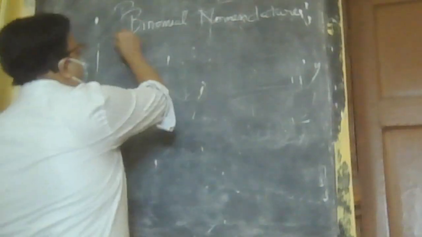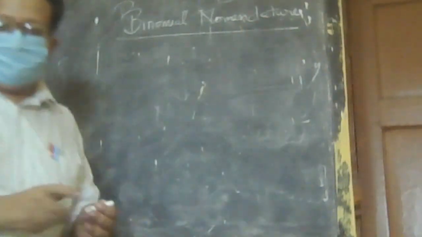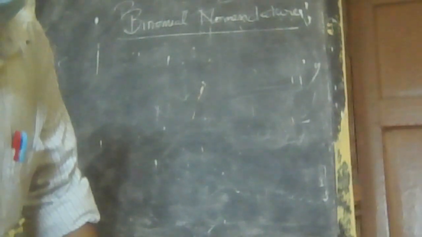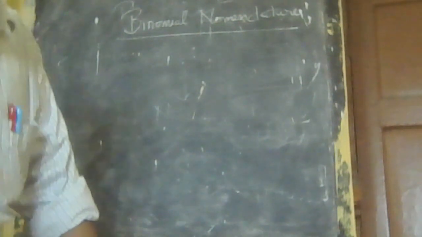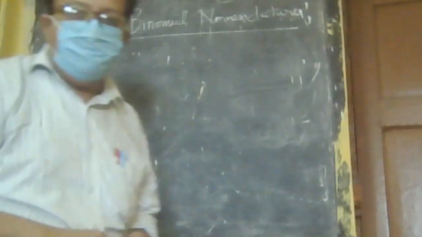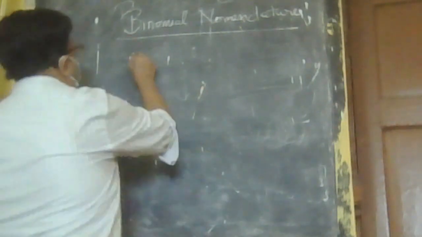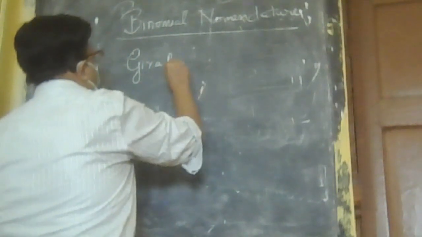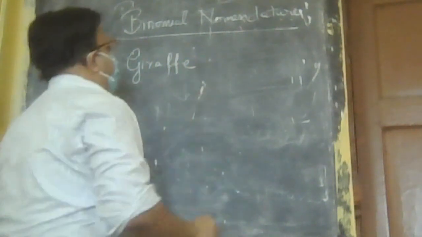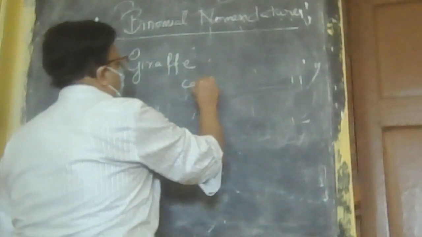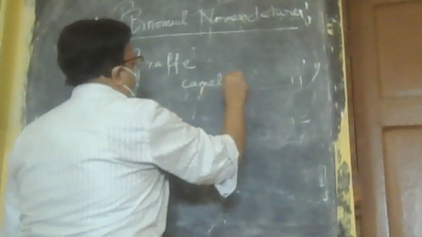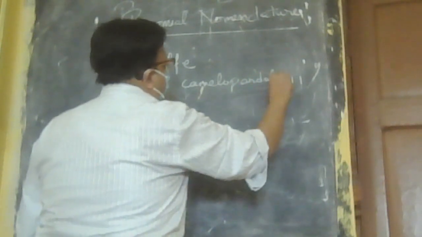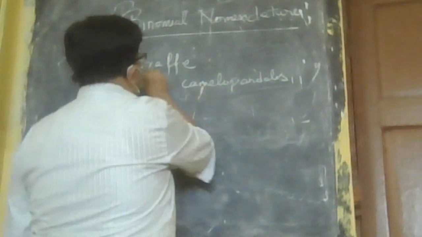So it's the principle of binomial nomenclature. This says, say the species, Giraffa camelopardalis.